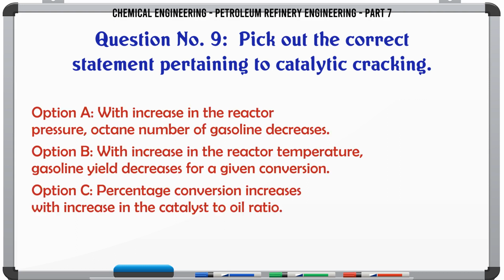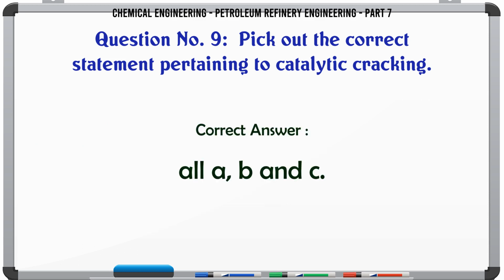A. With increase in the reactor pressure, octane number of gasoline decreases. B. With increase in the reactor temperature, gasoline yield decreases for a given conversion. C. Percentage conversion increases with increase in the catalyst to oil ratio. D. All A, B, and C. The correct answer is all A, B, and C.